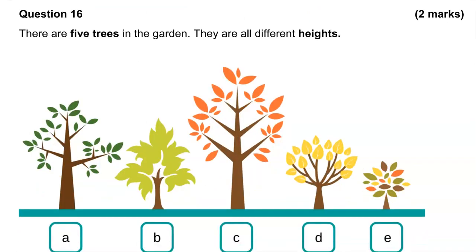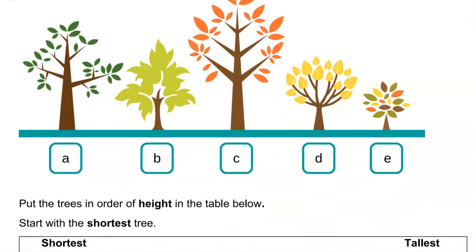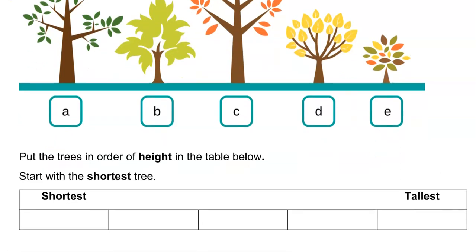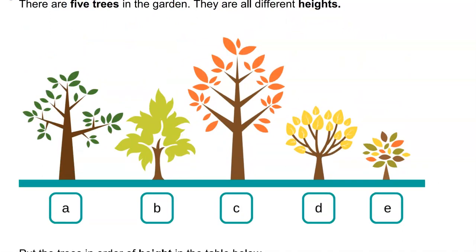There are 5 trees in the garden. They are all different heights. Put the trees in order of height in the table below. Start with the shortest tree. So which one is the shortest of them all?